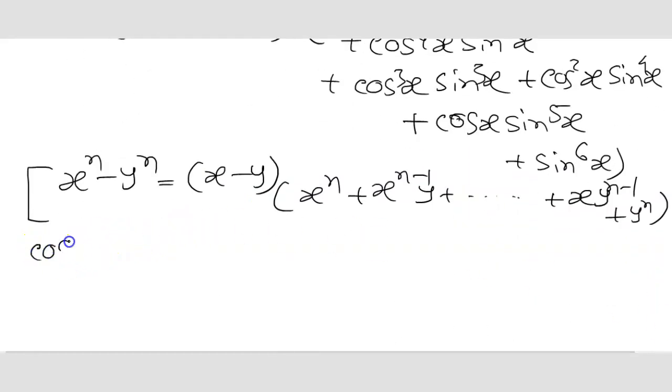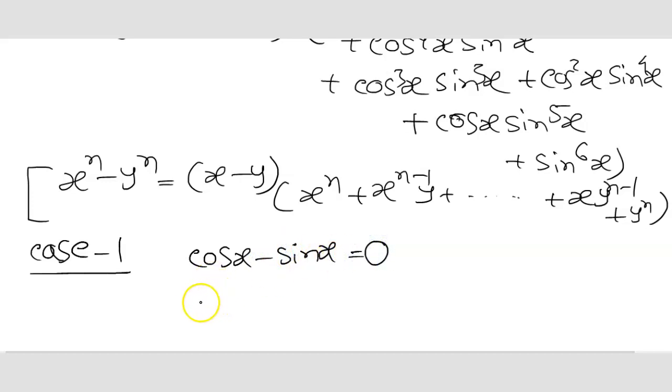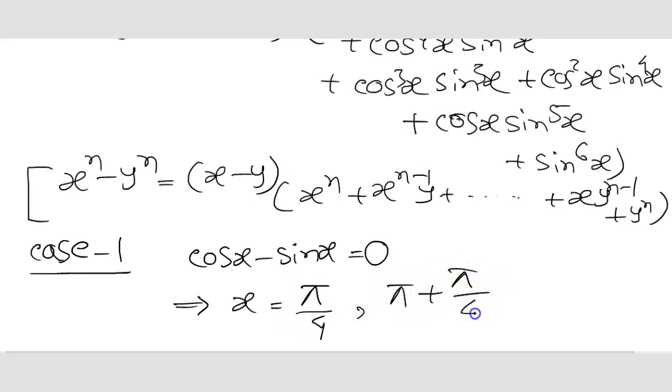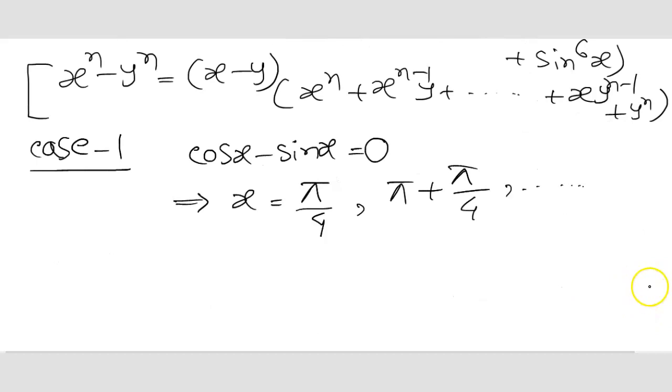The first case, say case 1, is cos x minus sin x equals 0. Then what are the solutions? The solutions are simple: pi by 4 and pi plus pi by 4, and it simply goes on, right? This is the first case, and there are these kinds of solutions.